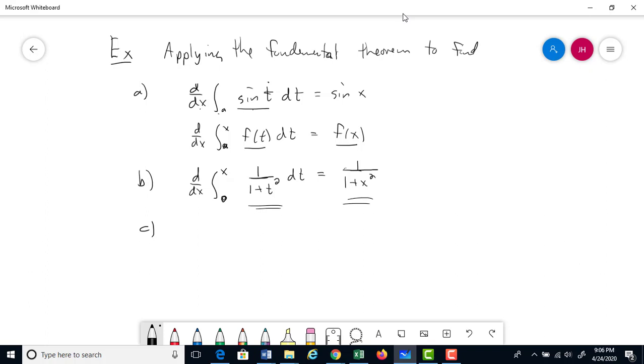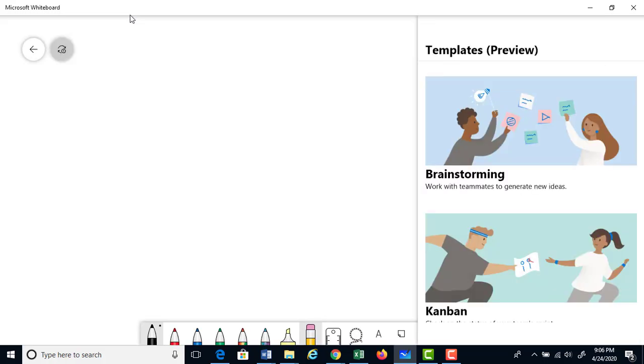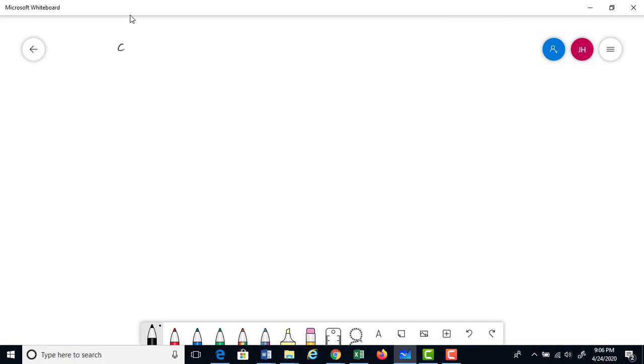All right, C. Now, let's do a new page. C. Find dy dx if y is equal to the integral from x to 2 of 4t cosine t dt.